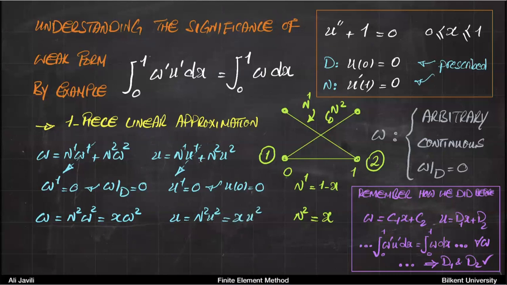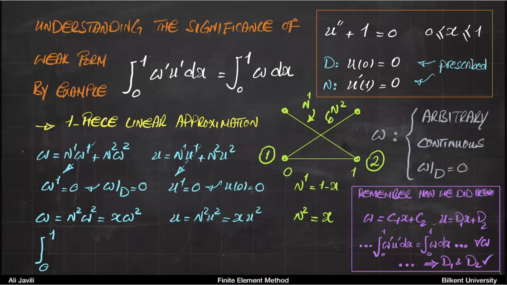All right, what you want to do next is to insert these into this integral as we did before. So you get the integral from 0 to 1. If w is x w2, what is w prime? w prime is just w2.